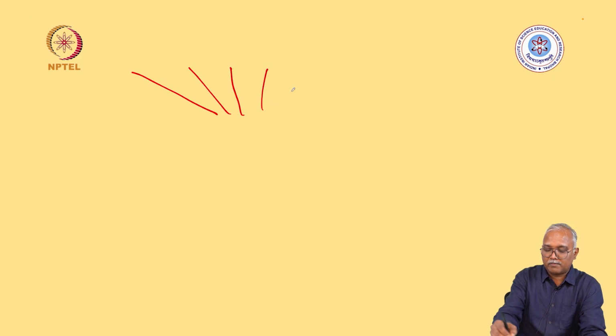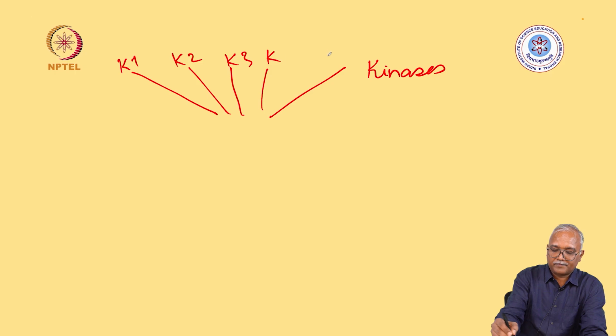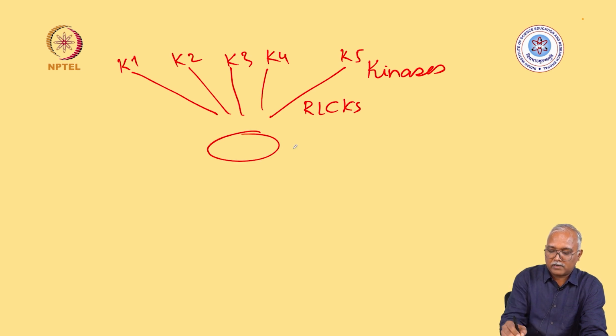So in some sense, what this slide is showing you is a multi-to-one approach. If you remember, we saw multiple kinases, if I say K1, K2, K3, K4, K5, through the RLCKs, they are merging onto this final molecule, which is your YDA. So many-to-one signaling is happening here.